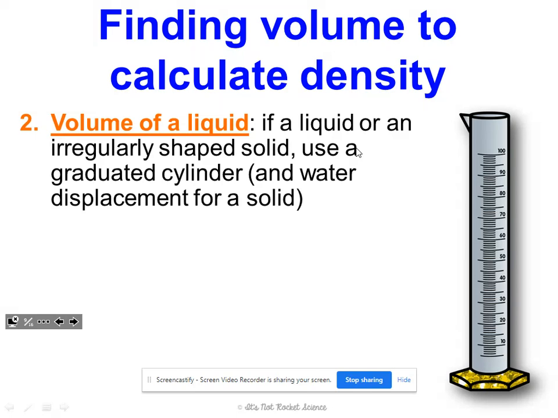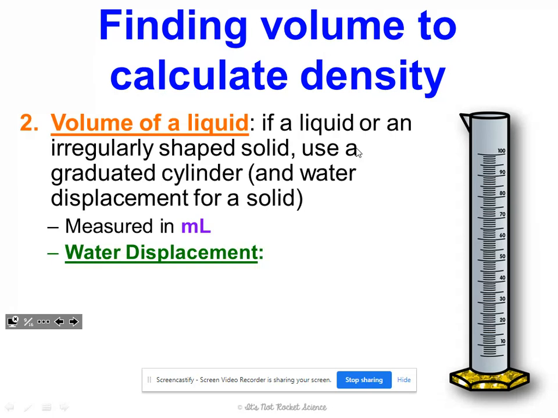Irregular shape meaning I can't use length, width, and height to measure it, like a rock. This is called the water displacement method, but we're going to be using a graduated cylinder to measure the volume of a liquid or an irregular shaped object. It is measured in milliliters, so we'll use those units, but we'll switch them in the case of a solid object.